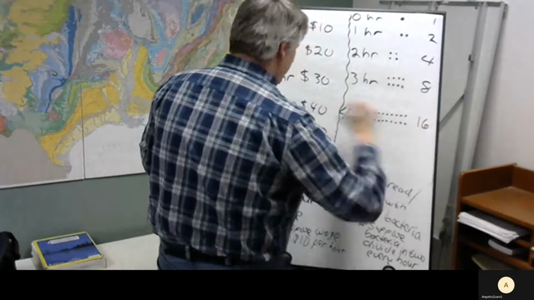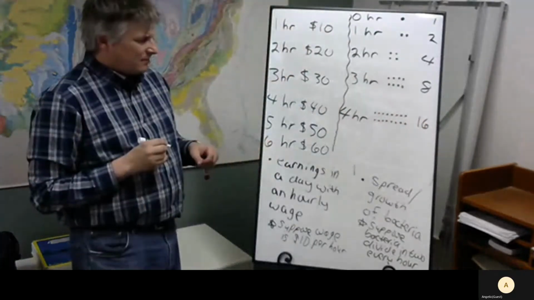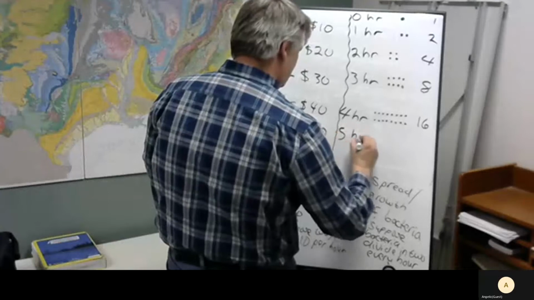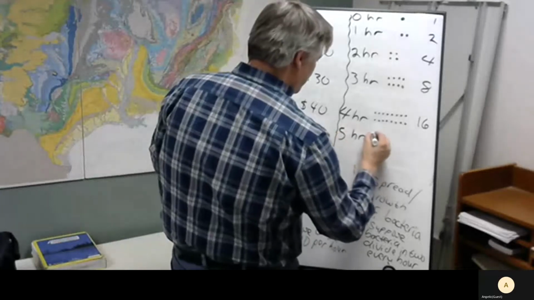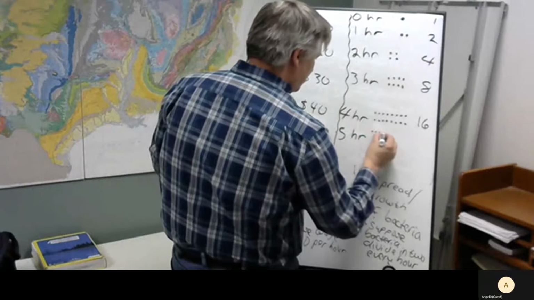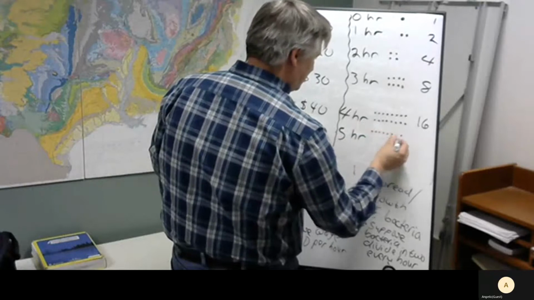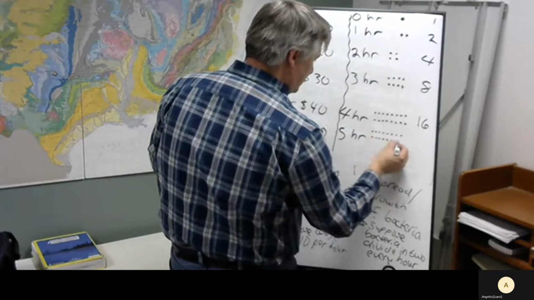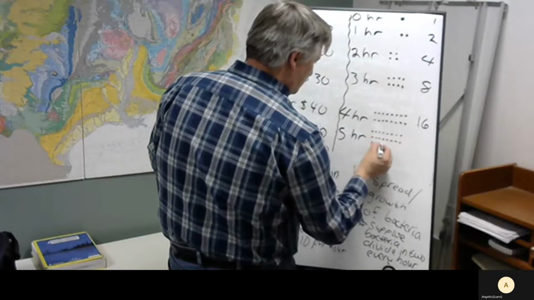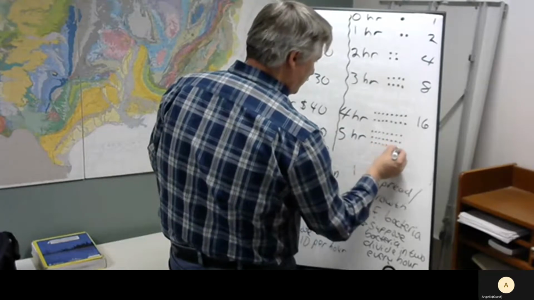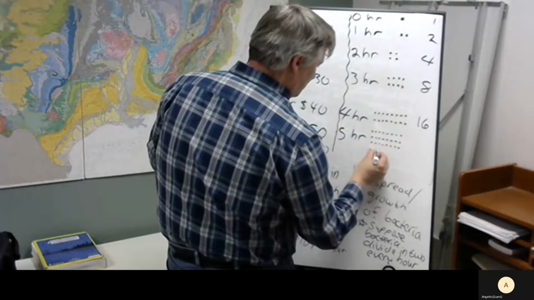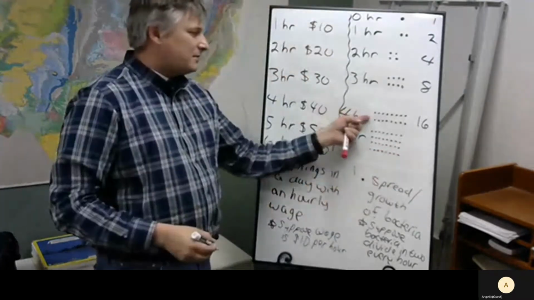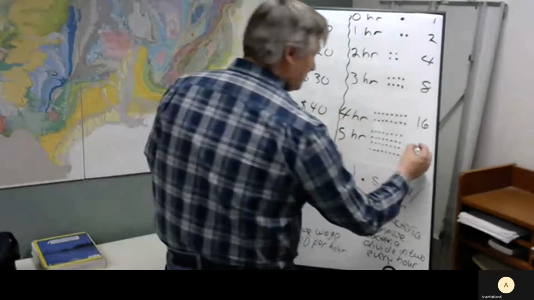We have 16 bacteria. 5 hours, let's see here, we count 8 in each group. Again, each of these are going to split in 2.